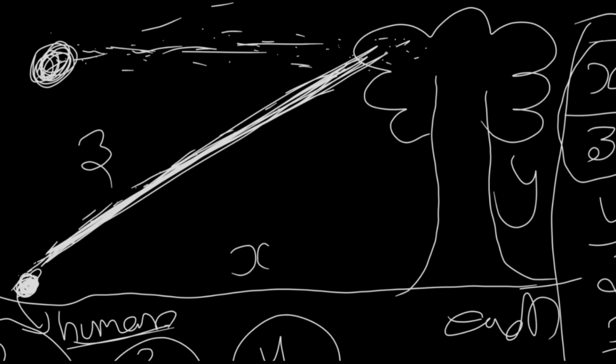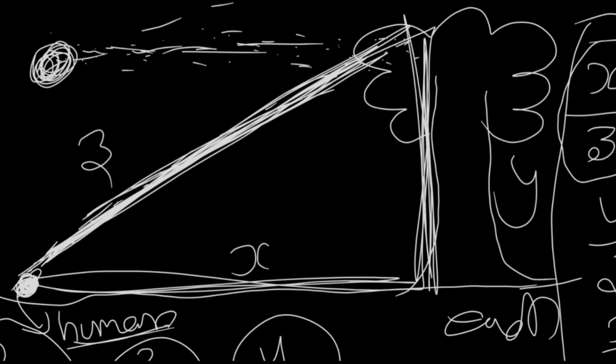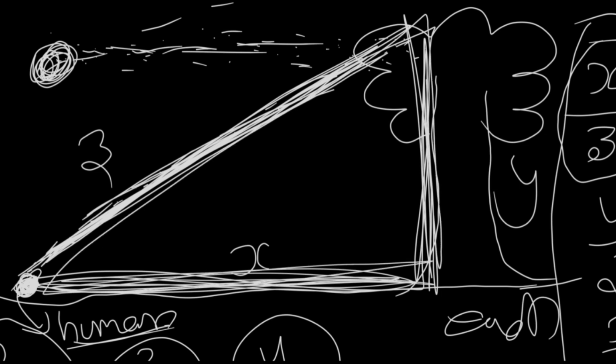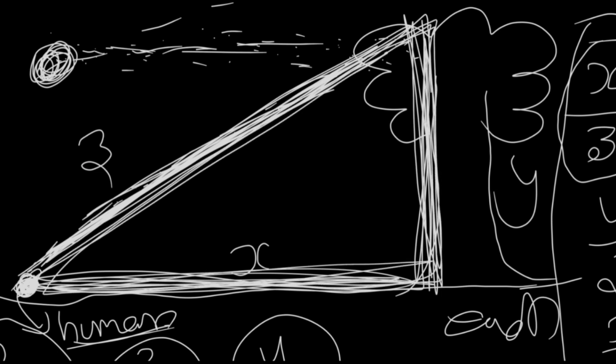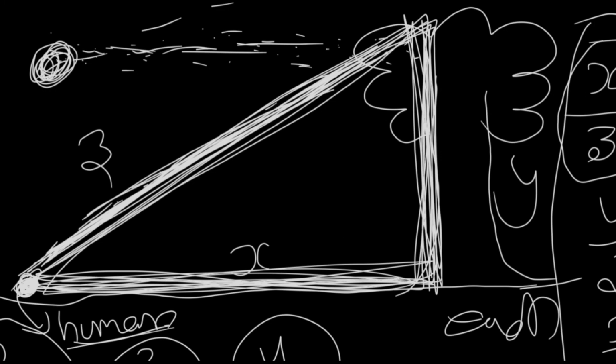Just observe clearly. With this natural phenomenon we can make a triangle. So from a random natural phenomenon I have made a triangle. There are many natural phenomena, so we can make many triangles in nature.